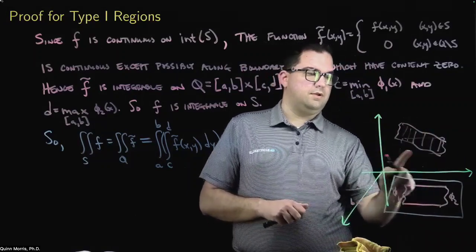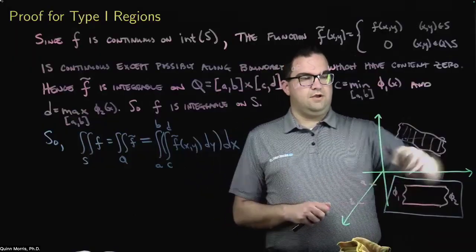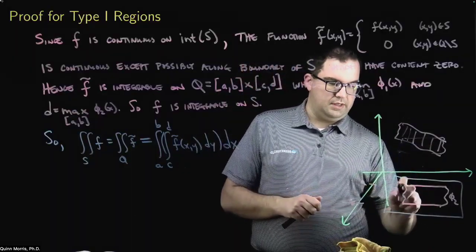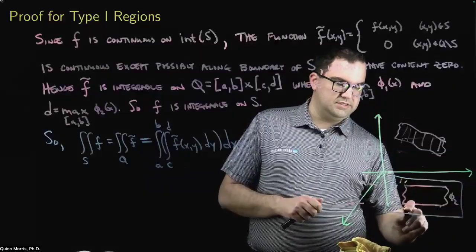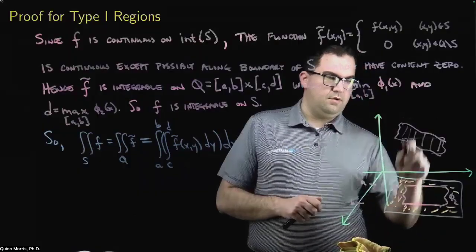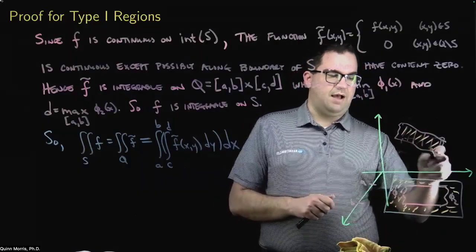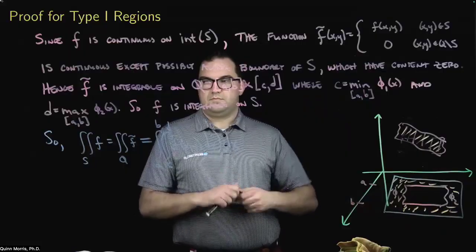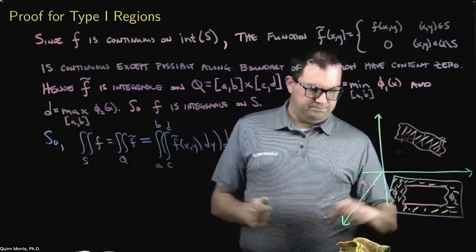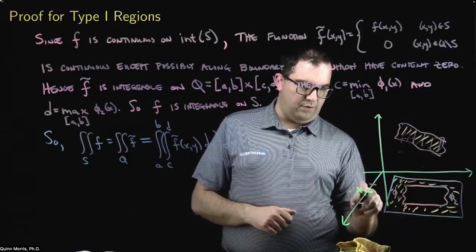And now I have this extended function, which I'll put in orange here. It's 0 everywhere out here, but then up here it takes these values.